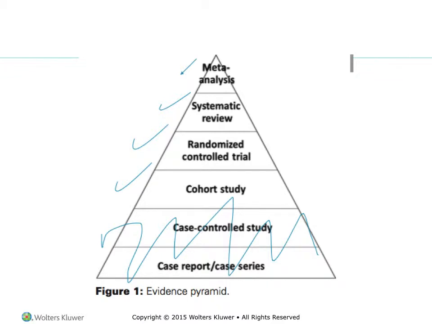This slide just shows a more specific, more detailed hierarchy, and I kind of squiggled out the bottom two because you often don't find studies that are just looking at one case report. Sometimes a physician will do that if they treat a patient with something that's unique or they don't see a lot.